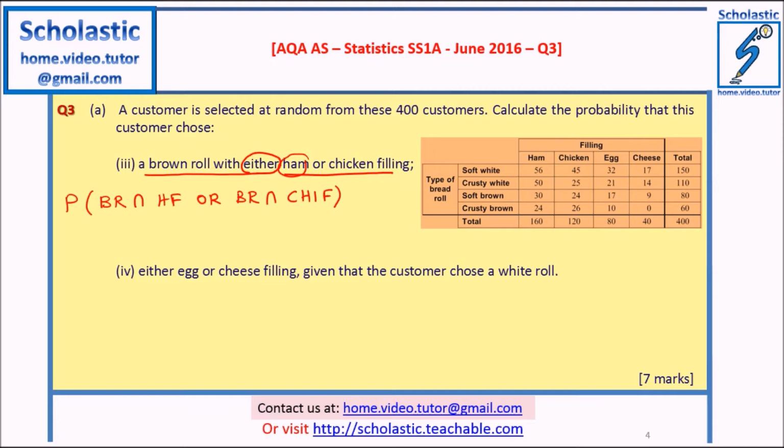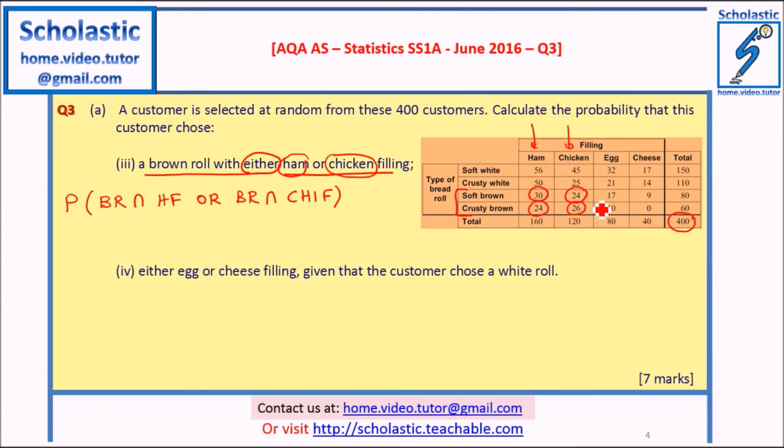There are 2 rows which include brown roll, soft brown and crusty brown, and 2 columns, one for ham and one for chicken. Soft brown: 30 chose ham, 24 chose chicken. Crusty brown: 24 ham, 26 chicken.